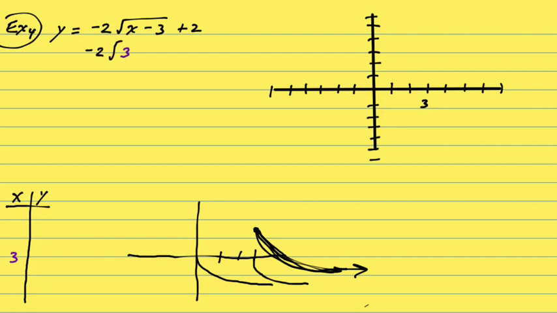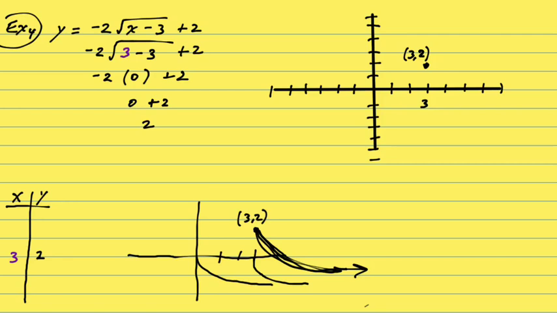Well, let's find out. I believe this becomes 0 plus 2, which makes it 3, 2. So it's going to be up here at 3, 2, kind of just like I projected down here.